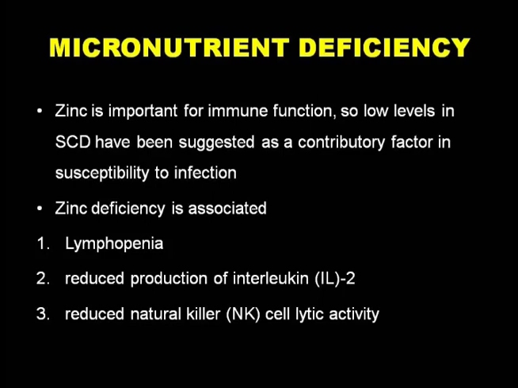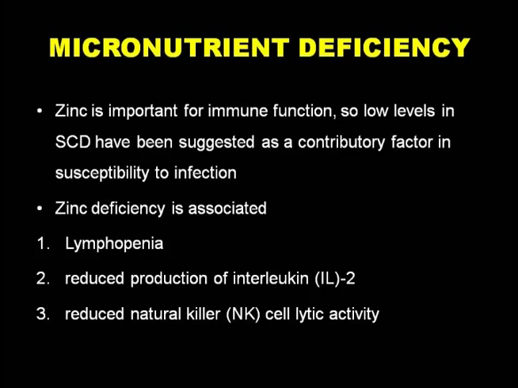Studies have found that zinc deficiency is associated with lymphopenia and reduced production of interleukin-2, and there's also reduced natural killer cell lytic activity. Because of these factors, you don't have white cells to fight off your infection. The natural killer cell activity is reduced, so their ability to fight off infections is impaired.